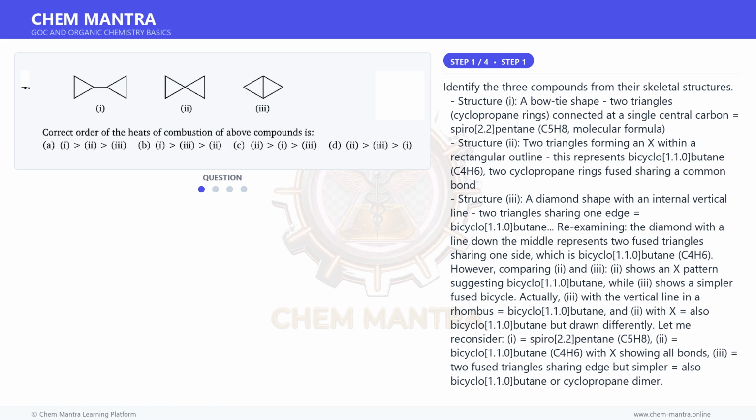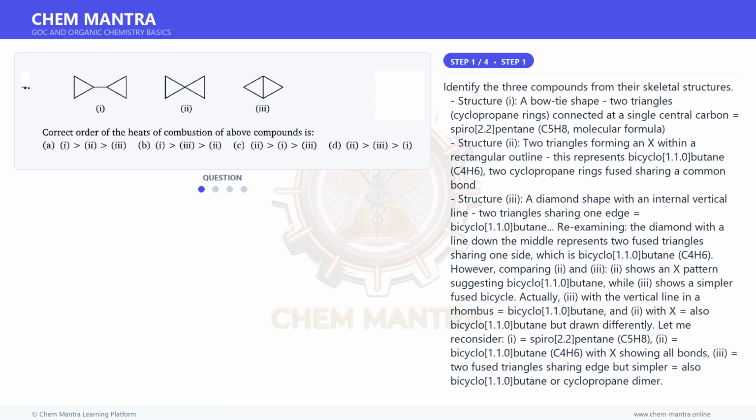Structure 3: a diamond shape with an internal vertical line, two triangles sharing one edge is equal to bicyclo[1.1.0]butane. Re-examining, the diamond with a line down the middle represents two fused triangles sharing one side, which is bicyclo[1.1.0]butane, C4H6.